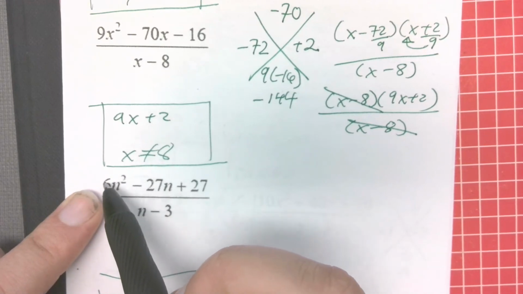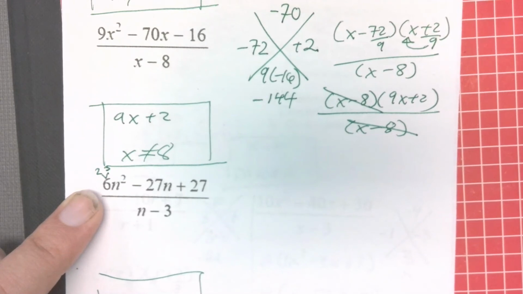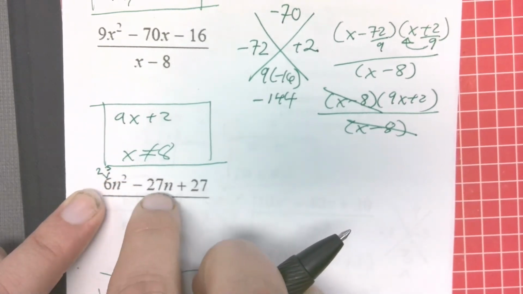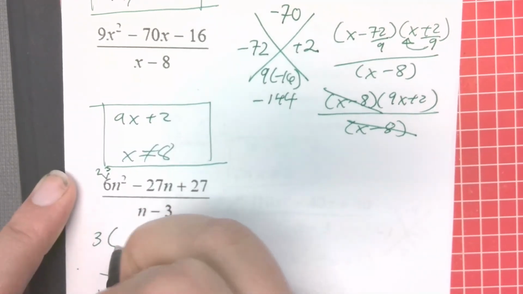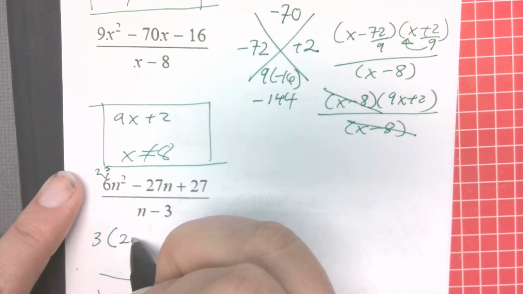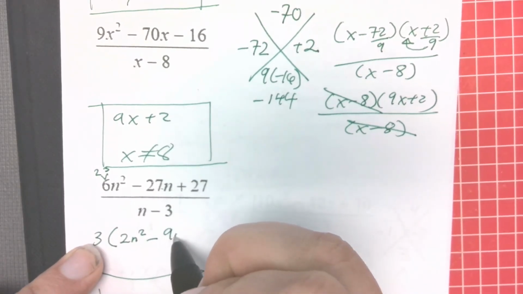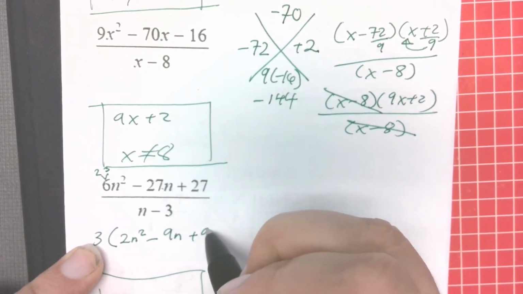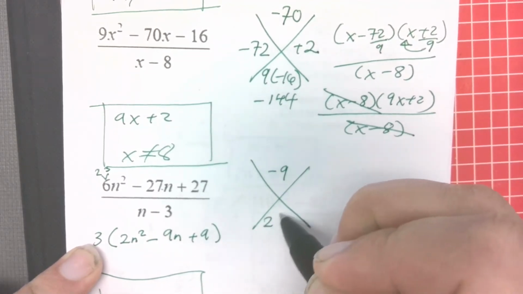But the only factors of 6 are 2 and 3. But I know I can't take a 2 out of those, so I'm going to take a 3 out of every single group. So if I put a 3 out front, I'm going to have a 2n squared. 27 divided by 3 would be 9. Don't forget the n.